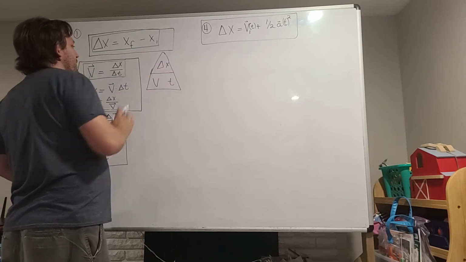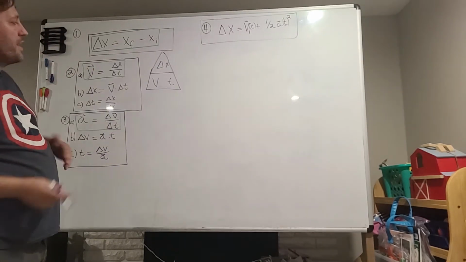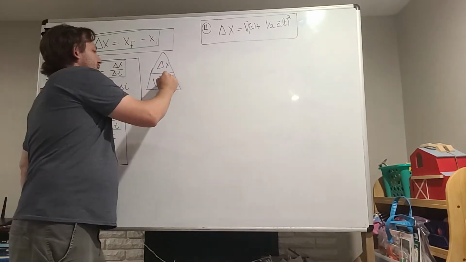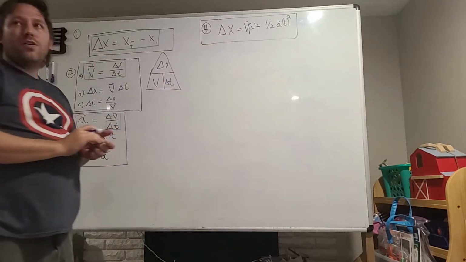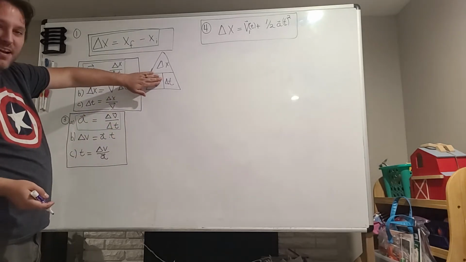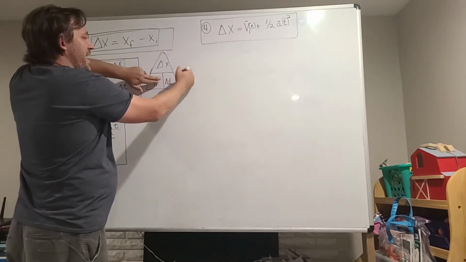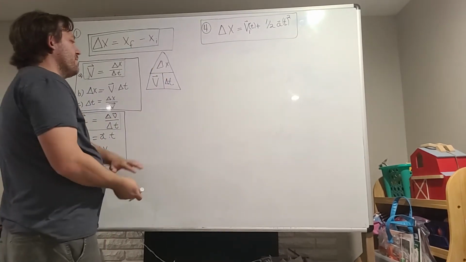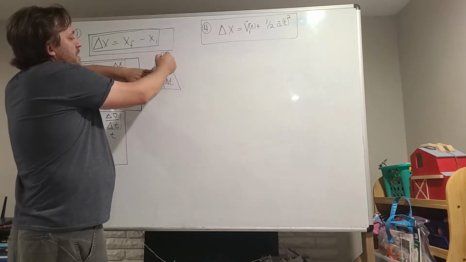Alright, so the way this triangle works, and there's a line here splitting these two variables. Remember, this is delta t. The way that this triangle works is whatever I'm looking for, if I put my hand over it, whatever's left is how I find it. So if I need to find velocity in this formula, I cover velocity, what am I left with?